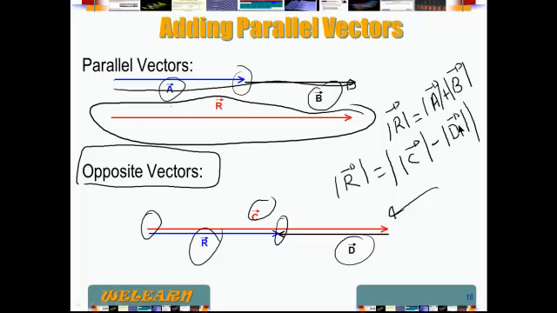By putting the absolute value here, if D was larger, this still can apply. Remember, our magnitudes are always positive.